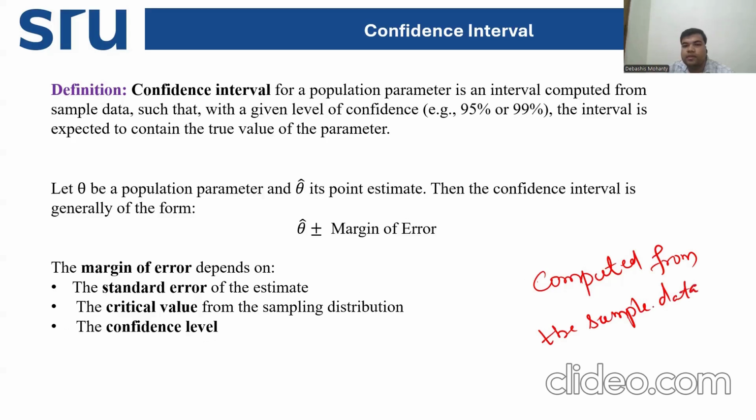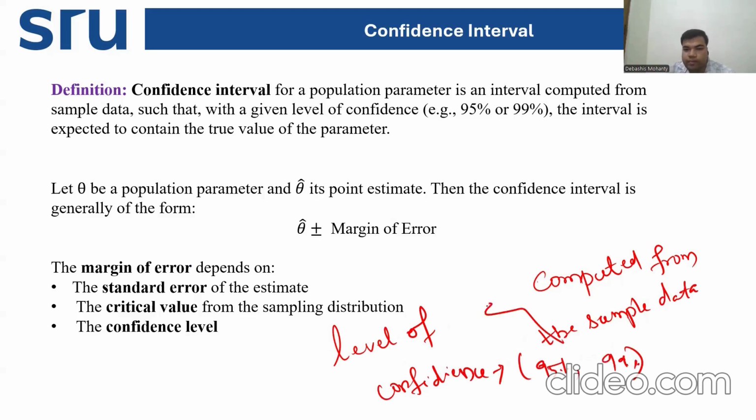The level of confidence is very important. The level of confidence is either 95% or 99%. 95% means alpha is 0.05 and 99% means alpha is 0.01. Those values are very important.